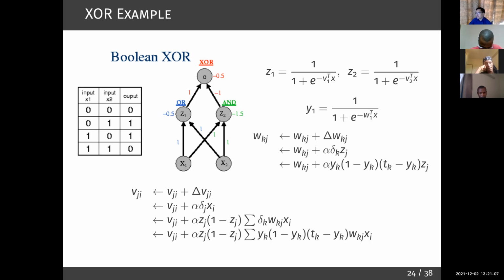Okay, so we already discussed all these equations. In this case we have the inputs from the table, x1 and x2, and it outputs z1 and z2. In the hidden layer, we have inputs of z1 and z2 that will output the final output of this model.